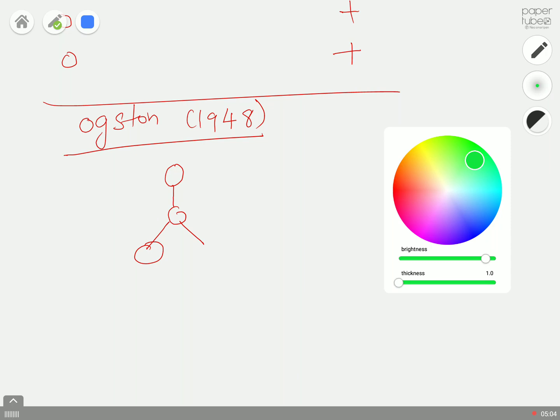I said to you enzymes are absolutely specific. This is the theory proposed by Ogston to explain why enzymes are absolutely specific. Imagine you have a structure like this.